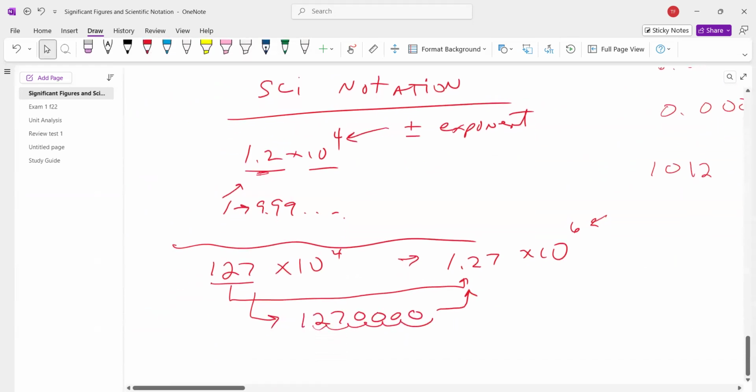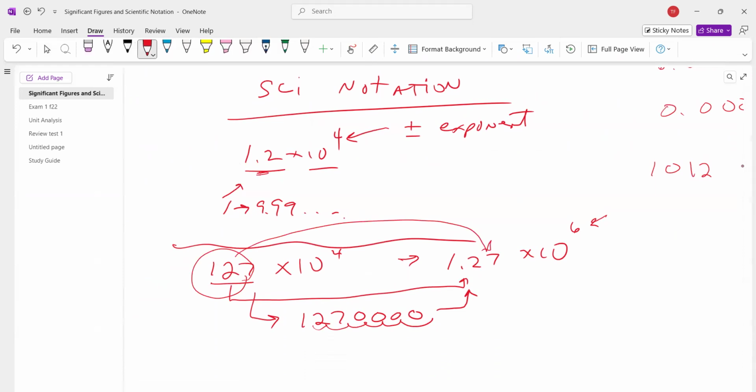Let's take this number here. 127 times 10 to the 4th, or 127 followed by zeros. We're going to class that as awkward, so we're going to convert it to scientific notation. This needs to go to a number from 1 to 9, which is going to be 1.27.